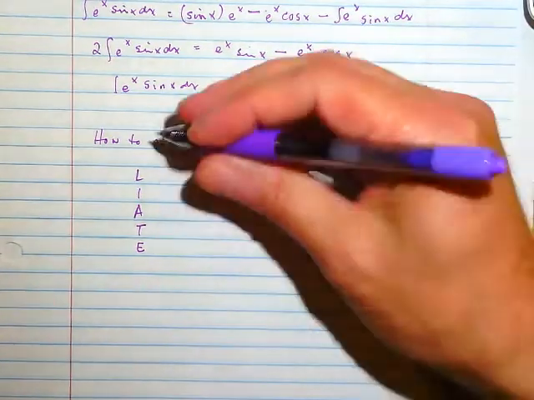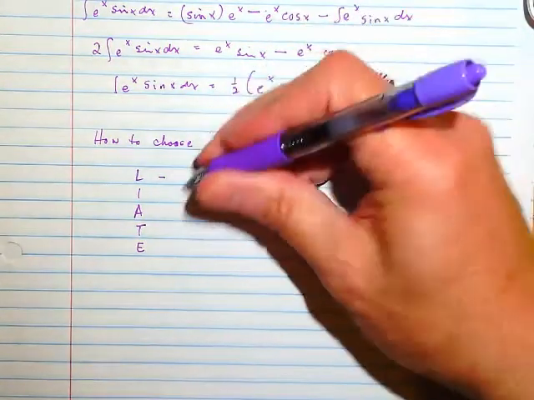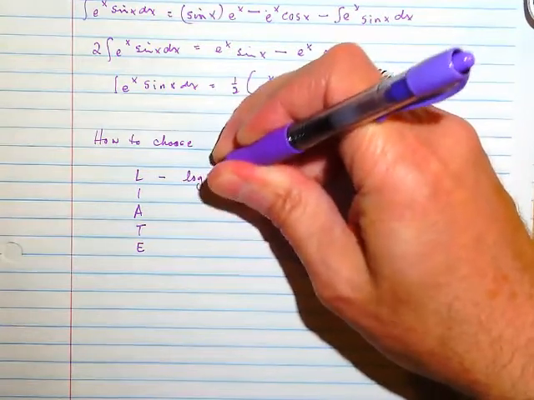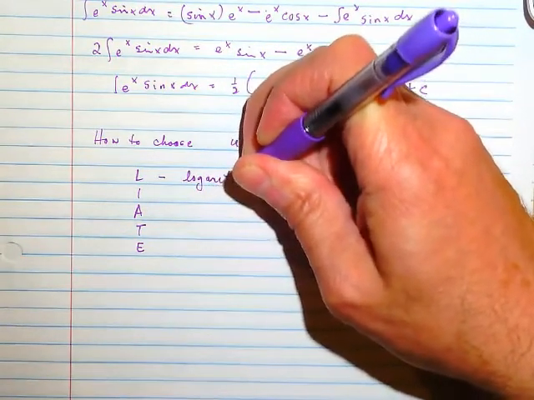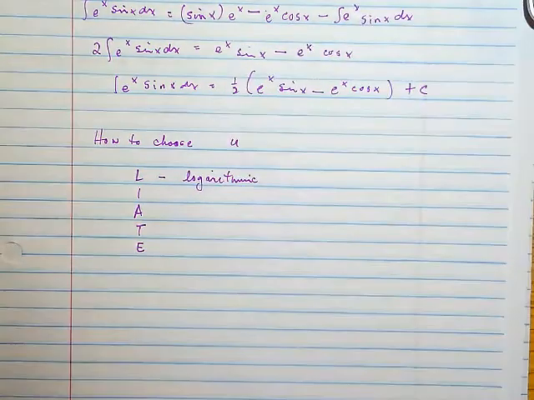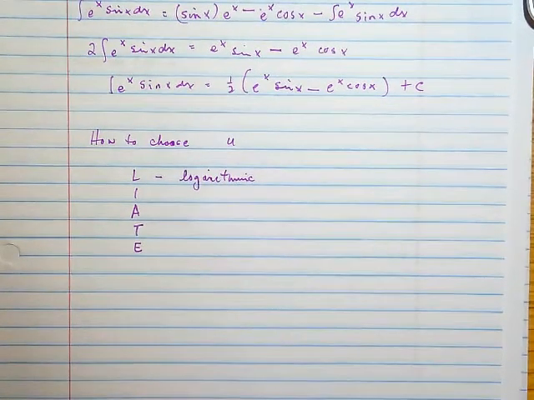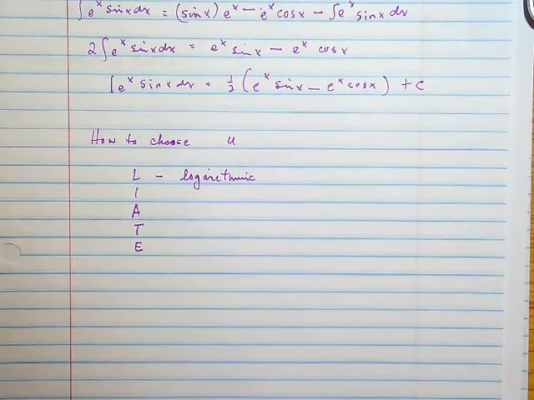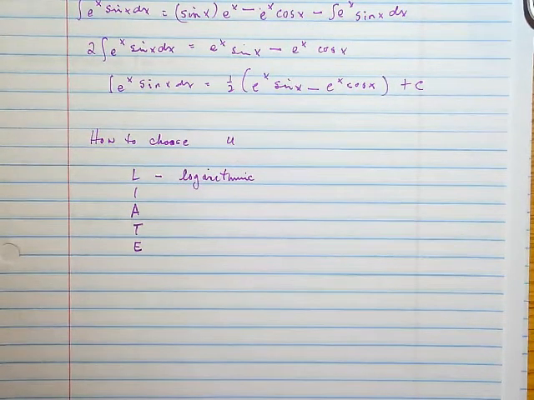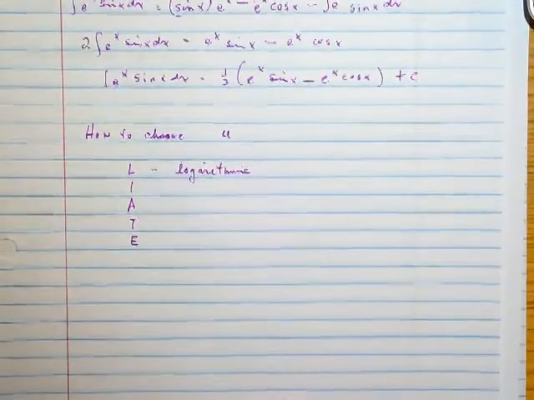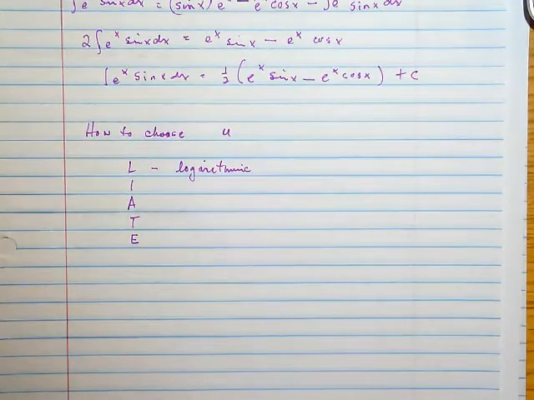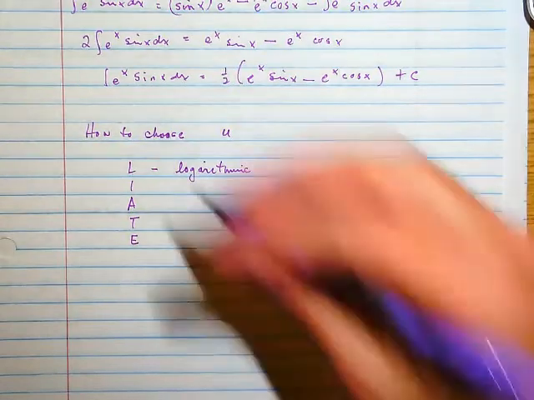ILATE, the good news is I and L aren't going to be competing with each other as we choose, but you might see where I'm going with this, and hopefully your teacher showed you this last year. The L in LIATE or ILATE stands for logarithmic. If you have a logarithmic part in your u or dv, you're going to pick the logarithmic function as u, because you can't take the integral of a log function.